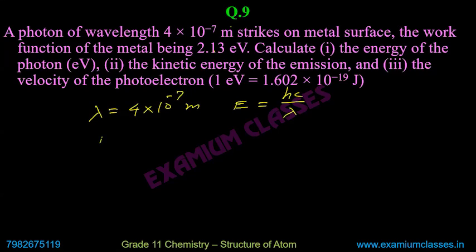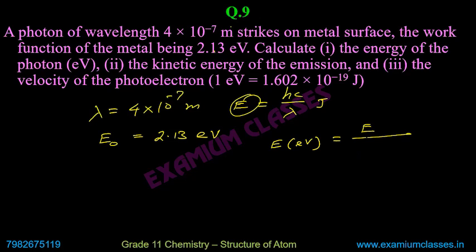Work function, E naught, is given as 2.13 electron volt. The value of E you get from here, because all are SI units, will be in joules. So make sure that you convert that to electron volt: the energy in electron volt will be E divided by 1.6 into 10 to the power minus 19.